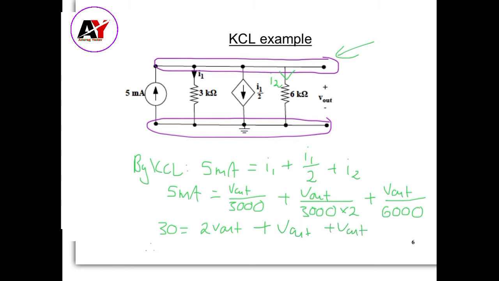So therefore 30 is equal to 4V out, and therefore V out is equal to 7.5 volts. And with this quantity we can now work out all the other quantities in this circuit.